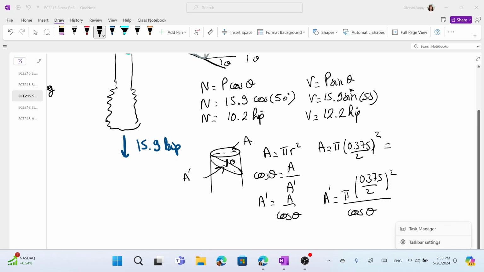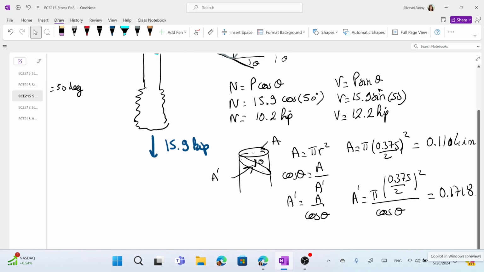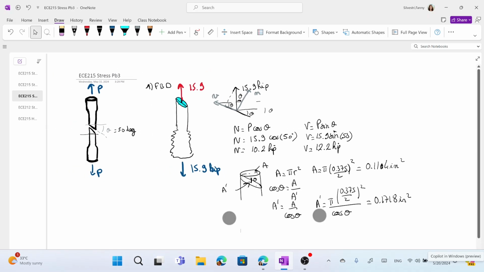So the first one was 0.1104 inches squared, and this one equals 0.1718 inches squared. Does it make sense that it's larger? Yes, definitely. The area at an angle is larger. Okay, so now we can find the stress and the shear.